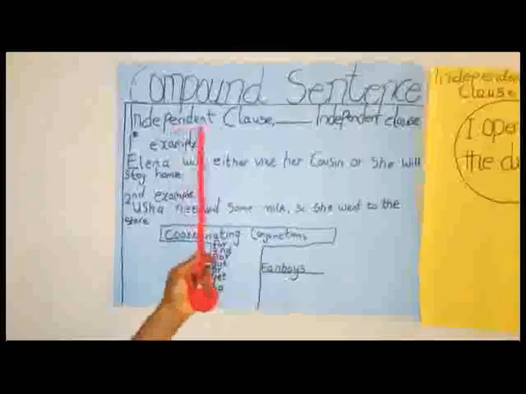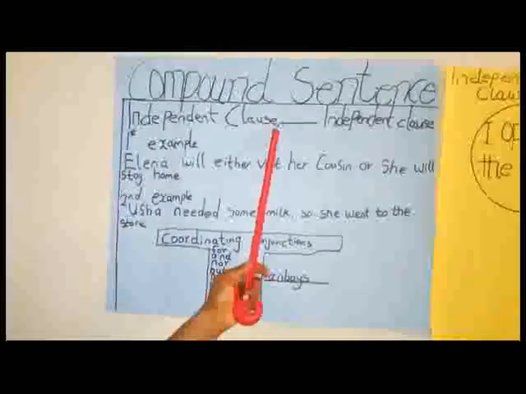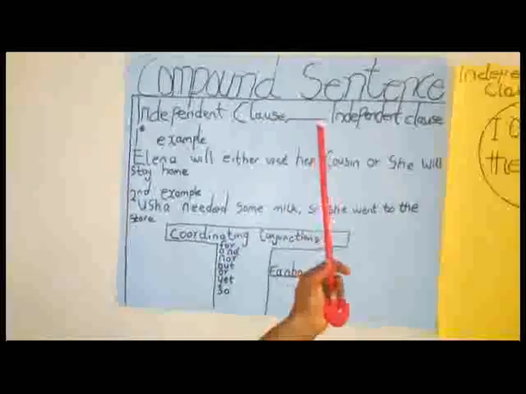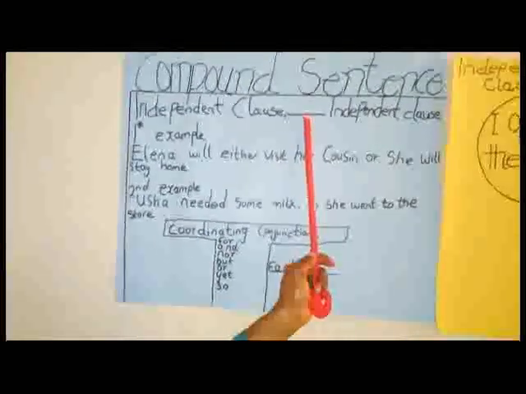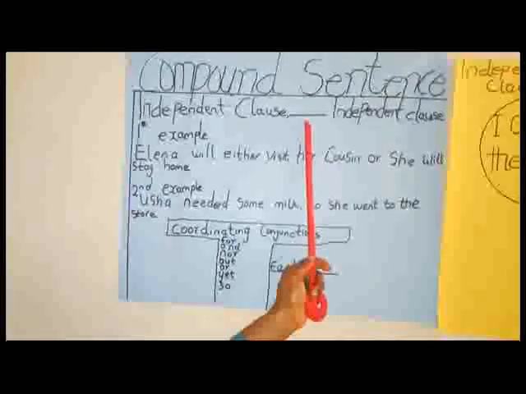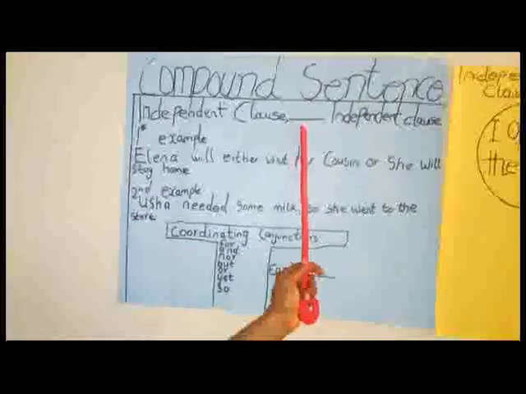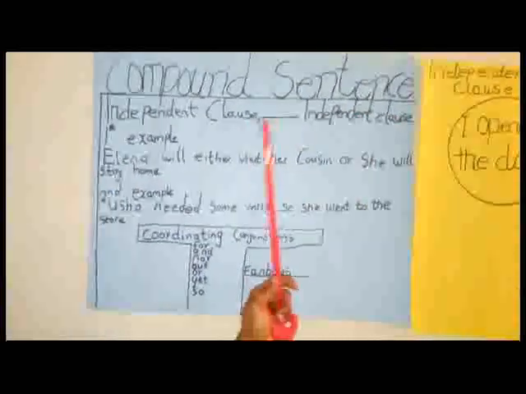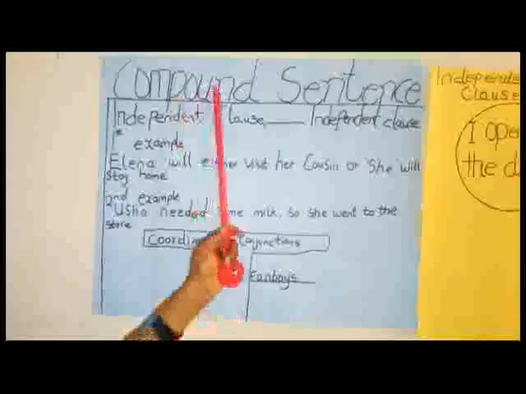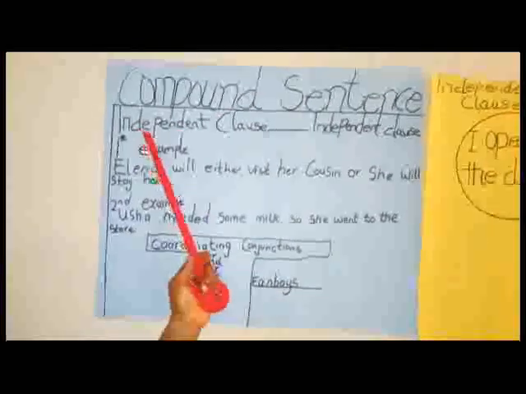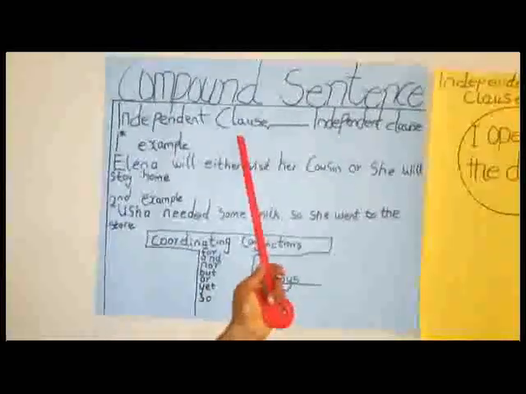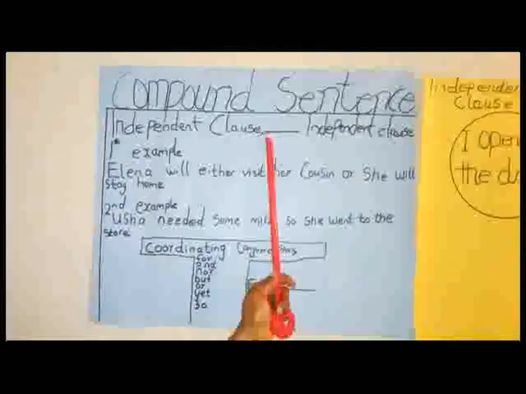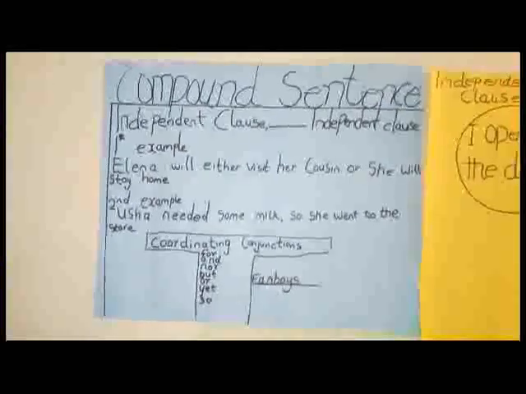So you give a simple sentence, then you do your comma, and this dash here is for any appropriate coordinating conjunction you can use to suit your sentence, which will be here, then another independent clause. So that is what we are saying, that a compound sentence is when you combine one independent clause, a conjunction, and another independent clause. So let's give more examples to that.